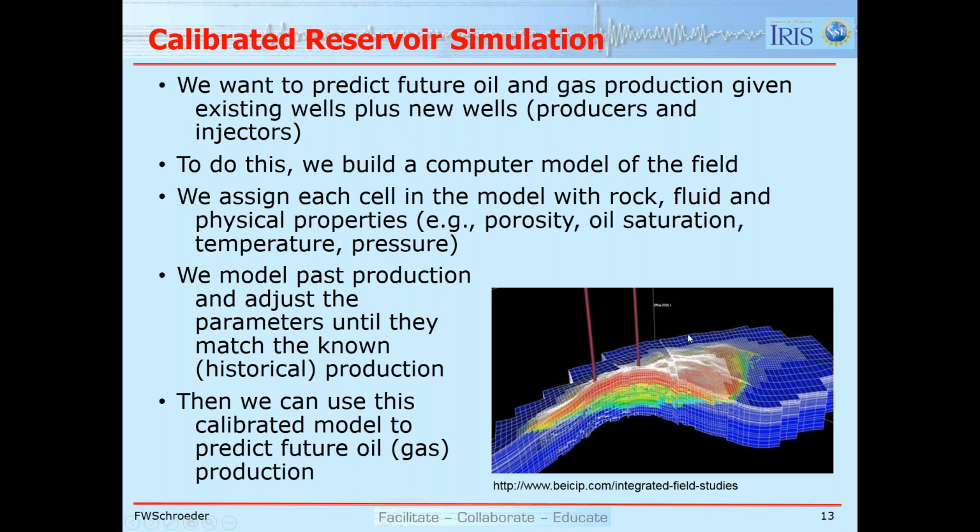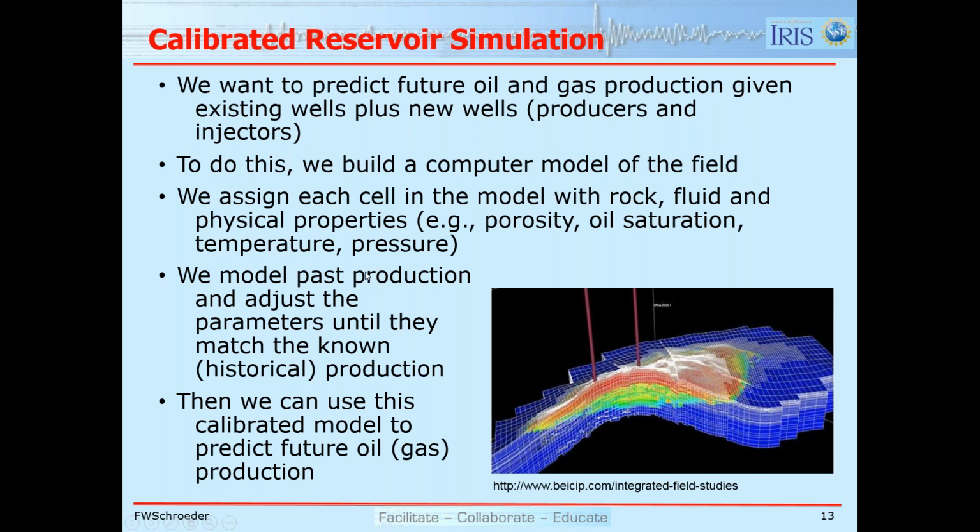We subdivide the field into cells, and each cell in the model would have rock properties, fluid properties, and other physical properties. So a rock property might be porosity, and an example of a fluid property is oil saturation. Of the additional physical properties, one would be temperature, one would be pressure.